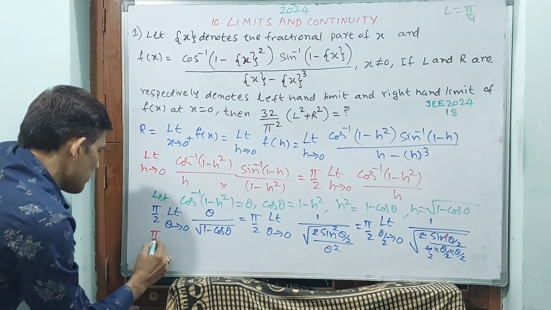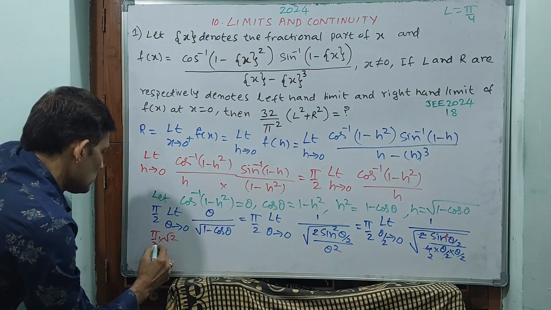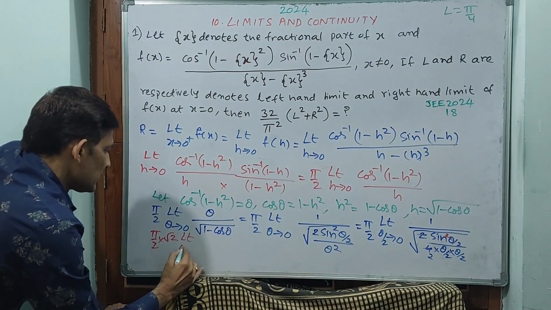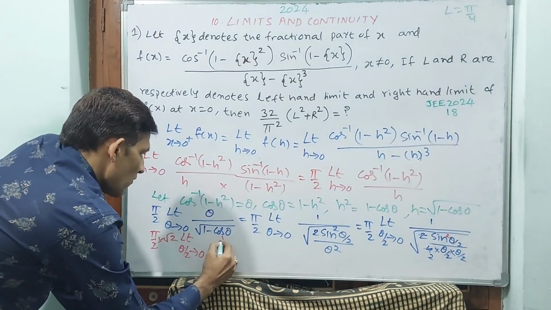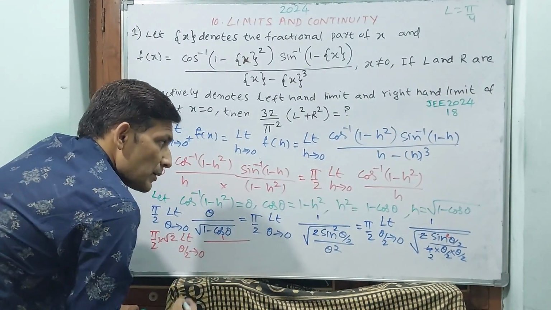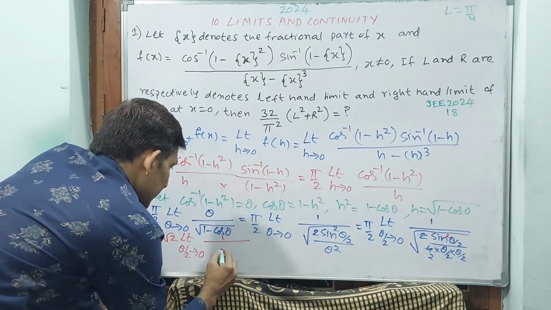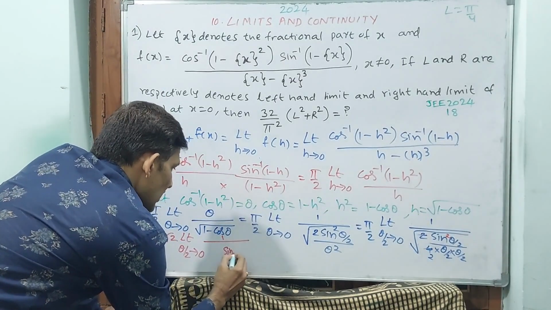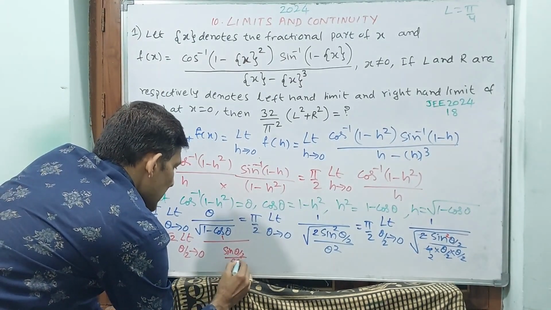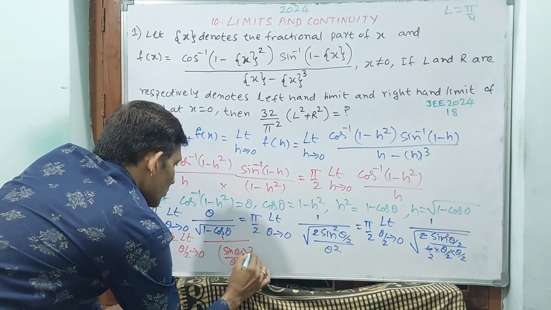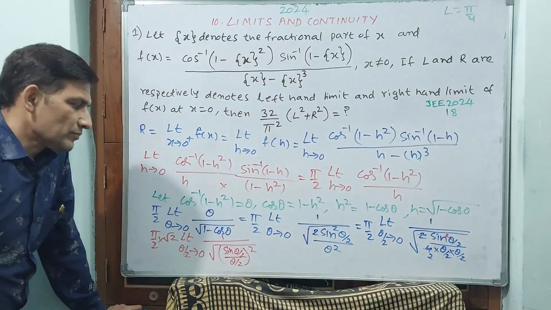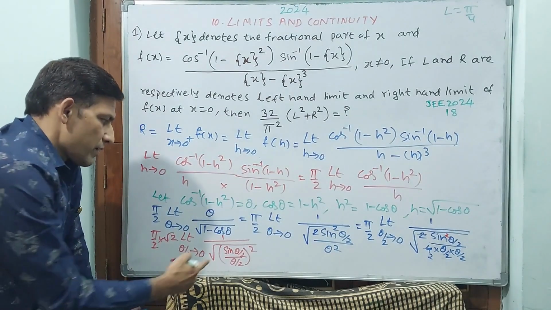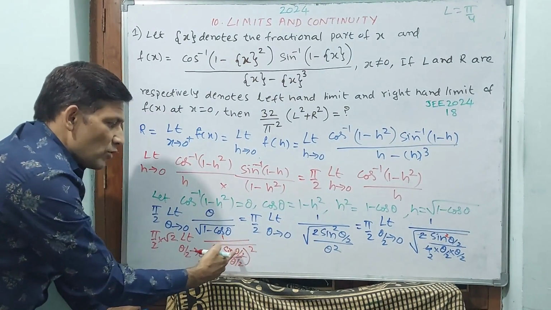That means pi by 2 into root 2, limit theta by 2 tends to 0, of 1 by the square root of sin theta by 2 by theta by 2 whole square. The square root and the square are going to cancel out.